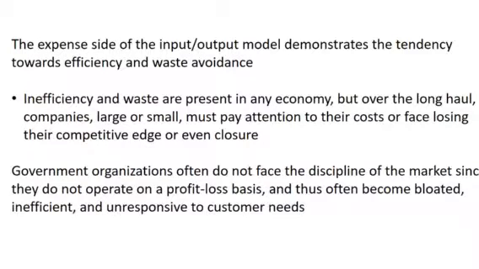The expense side of the input-output model demonstrates the tendency towards efficiency and waste avoidance. So there's a huge incentive for companies to avoid waste and try to do things as efficiently as they can because they will get larger profits for it.